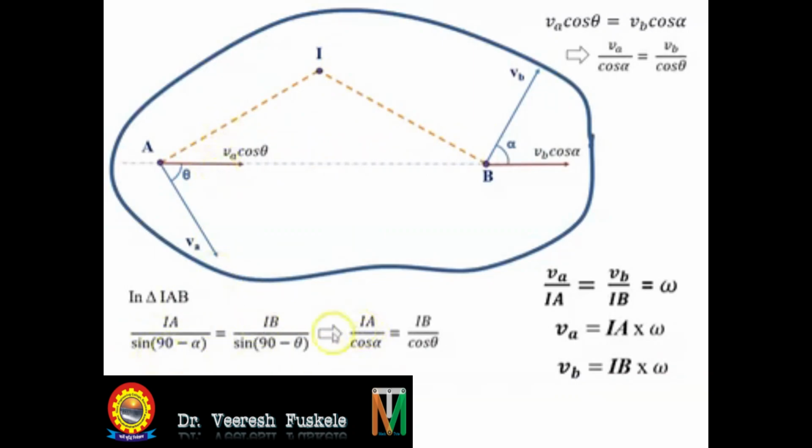So this gives us IA upon cos alpha, as sine of 90 minus alpha is cos alpha, equal to IB upon cos theta. So from these two equations, we can write that VA upon IA is equal to VB upon IB, and this is what is omega. So we can say that VA is equal to IA into omega and VB is equal to IB into omega.